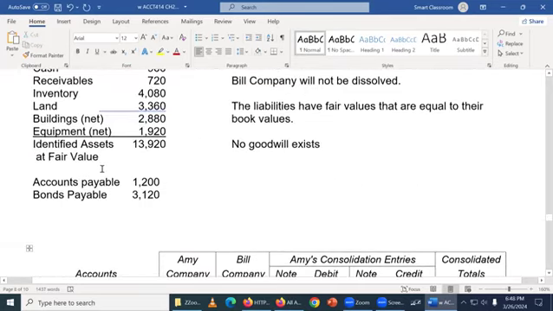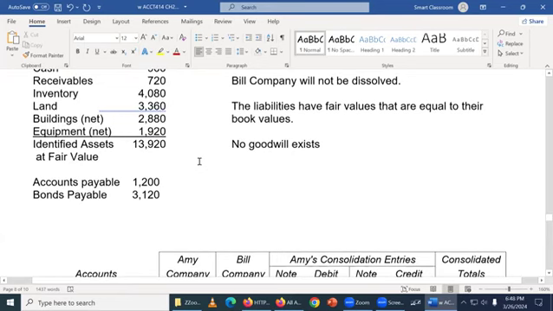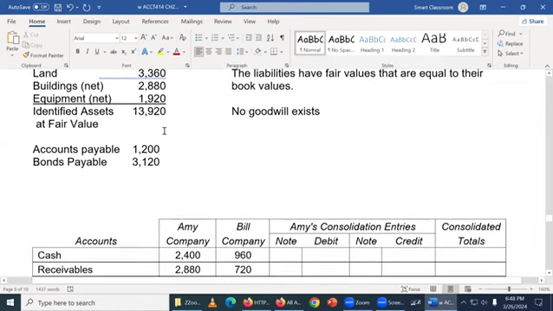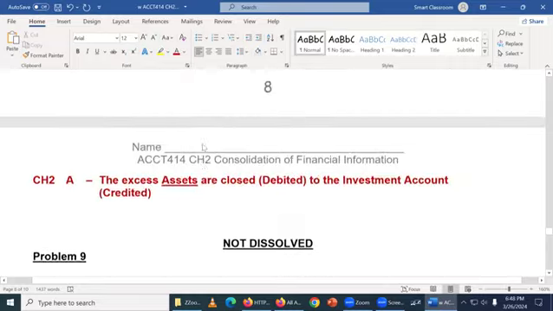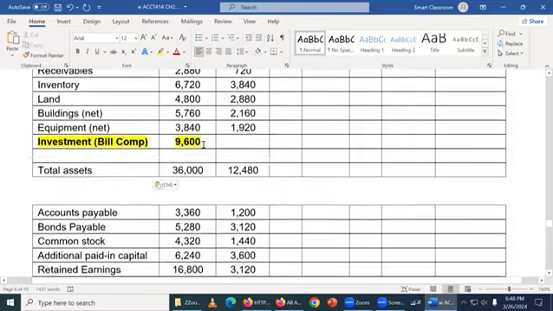Okay, so let's kind of get a feeling for what this is. Now, these are the assets at the fair values. Okay, so let's take a look.